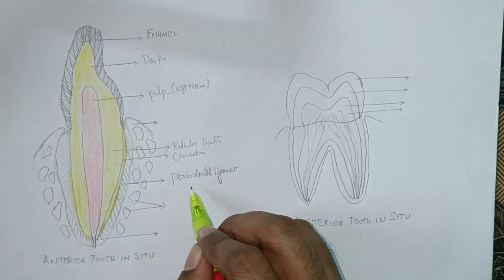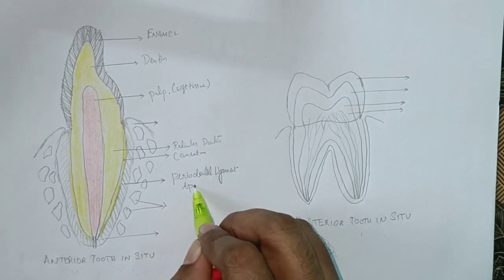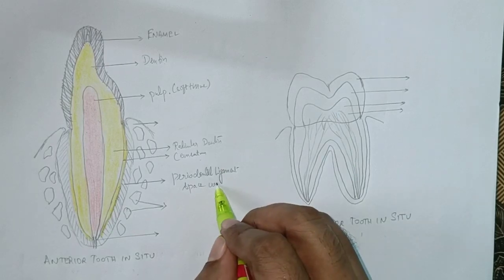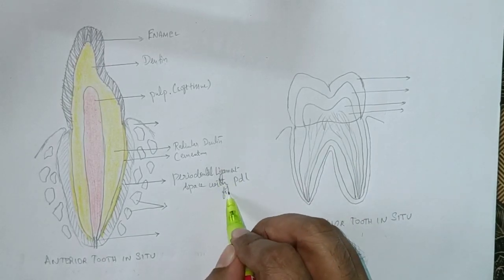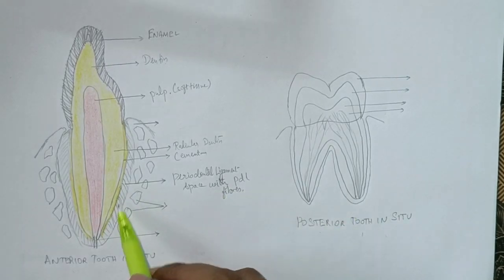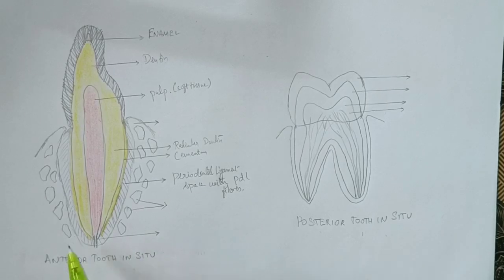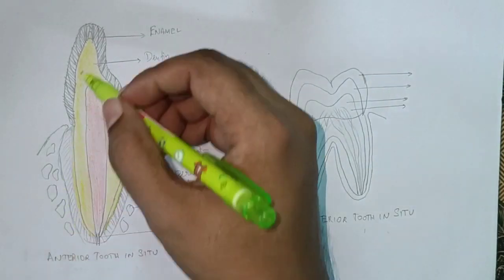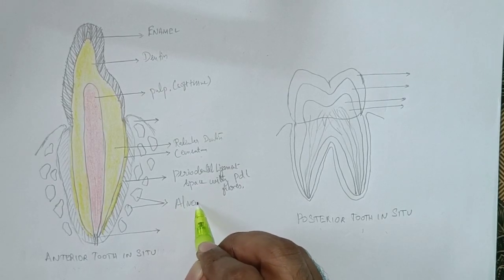You can call it the periodontal ligament space, where your periodontal ligament fibers are seen. So these are your periodontal ligament fibers. Next, the tooth is in situ with alveolar bone.